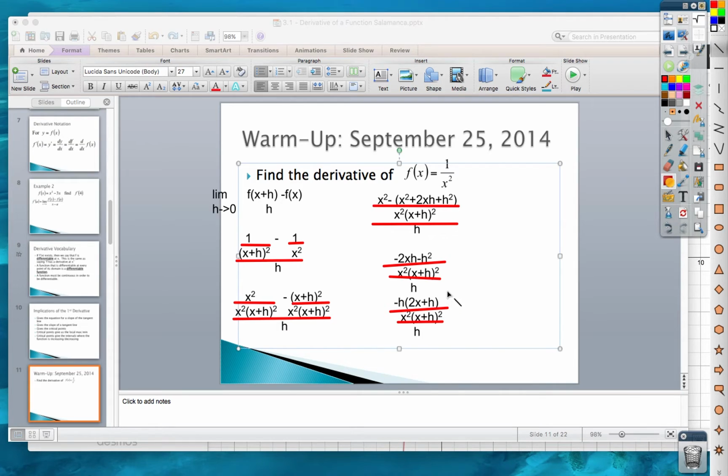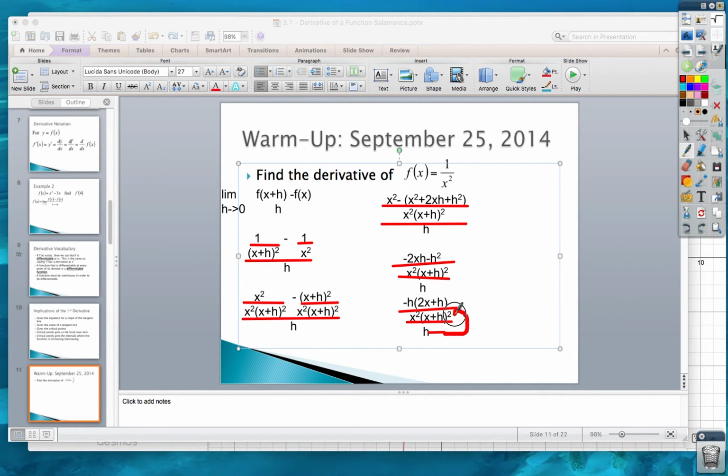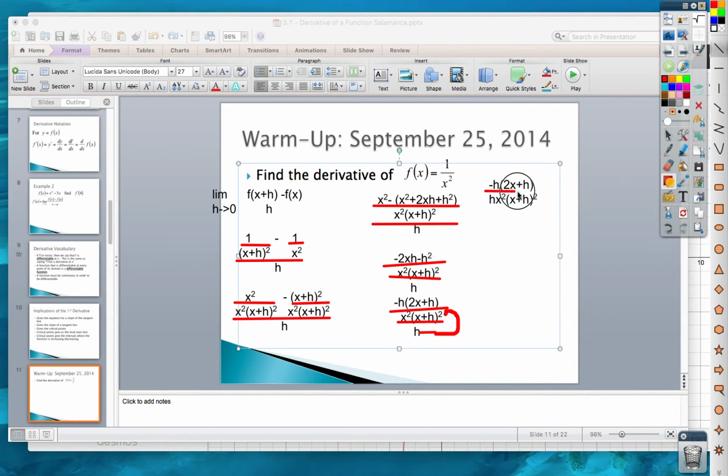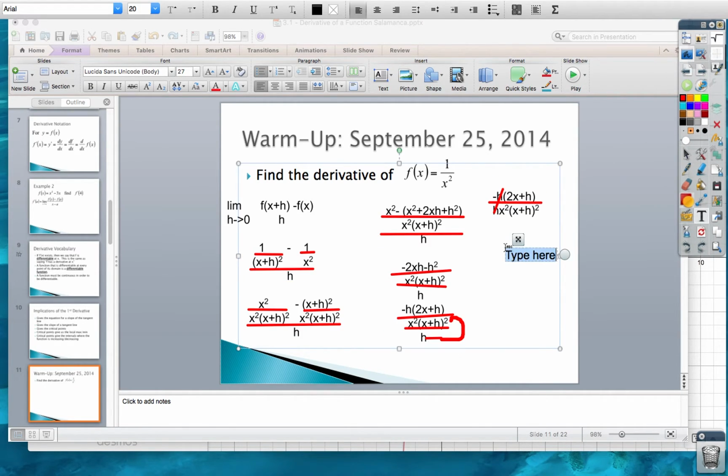You'll notice here that I can rewrite this, taking this h and writing it underneath this function right here. And so it would read negative h times 2x plus h, all divided by h times x squared times x plus h quantity squared, like so. The h's will cancel out. You're left with negative 2x plus h divided by x squared times quantity x plus h squared.